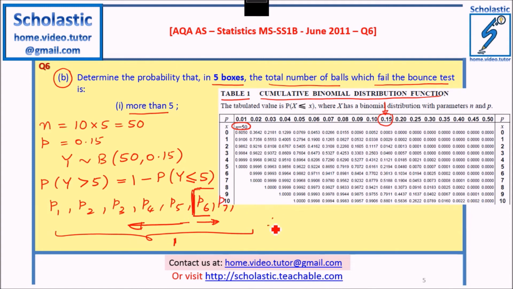So therefore, again, if you look at the probability table, we go to 5 here, and the intersection between 0.15 and 5 is somewhere here, this number here.